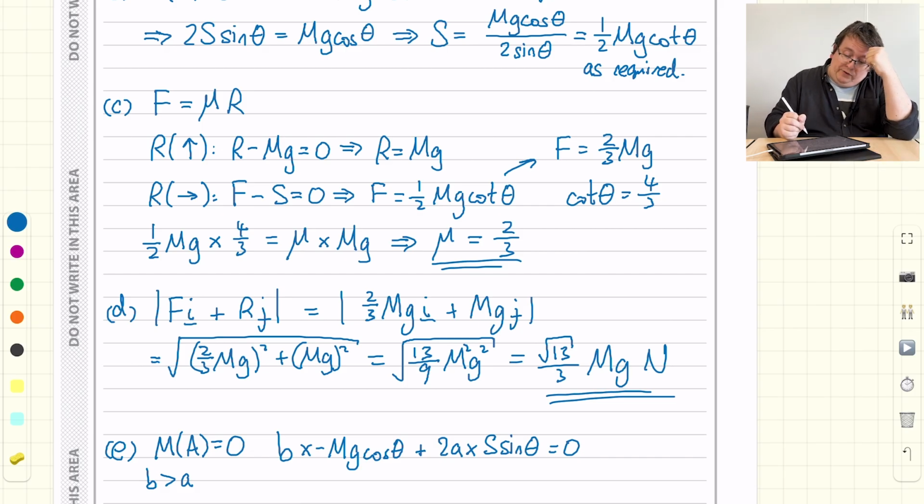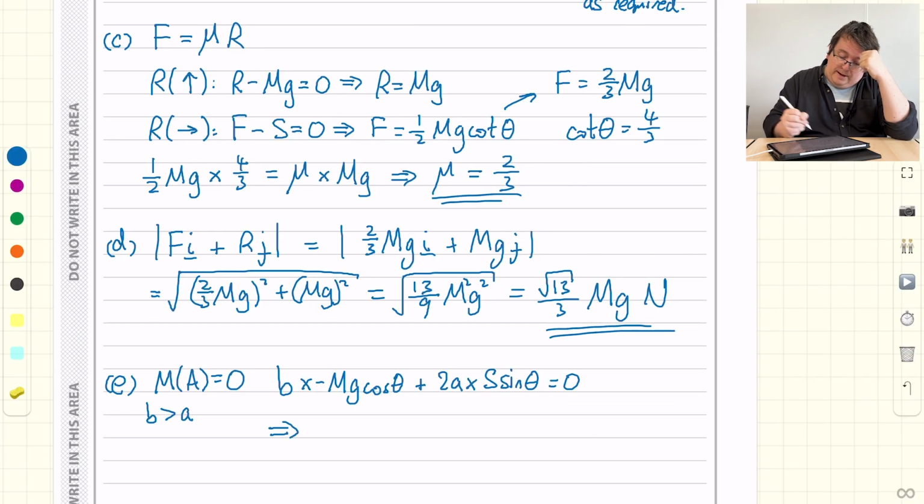So if you go through the same process as we did, with a bit of rearranging, we're going to get that s is b over 2a mg cot theta.